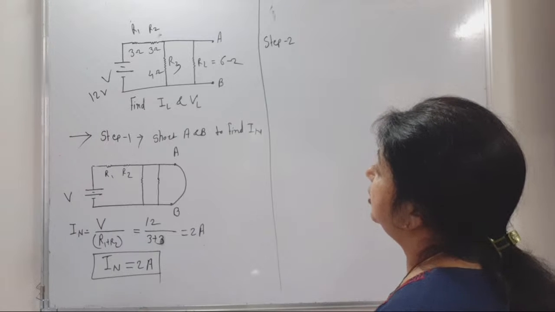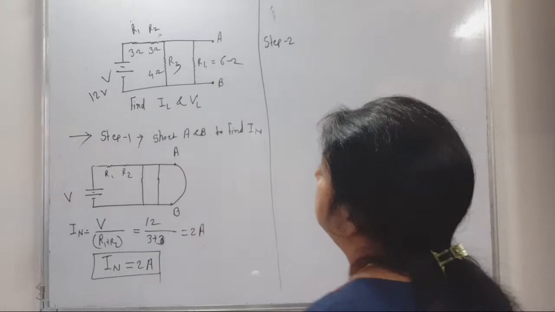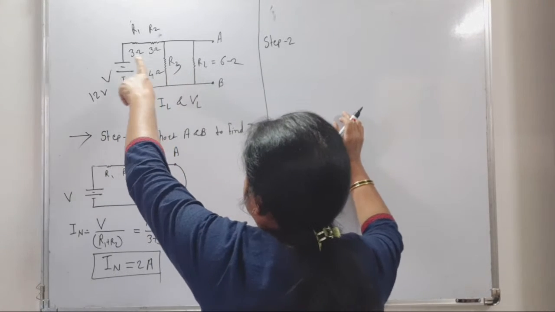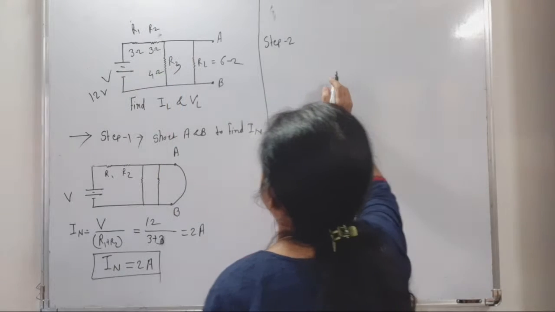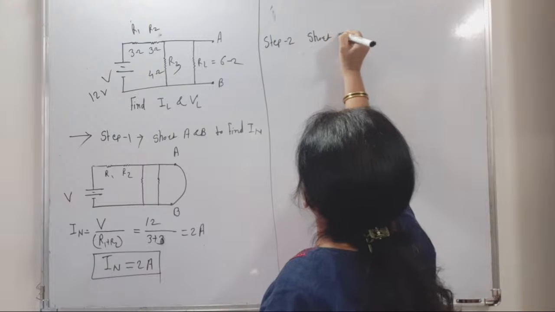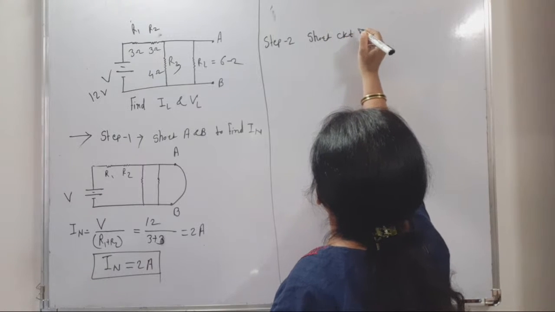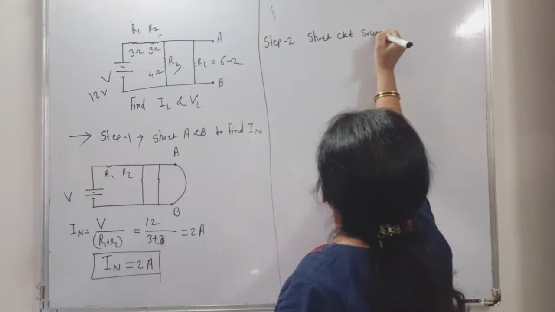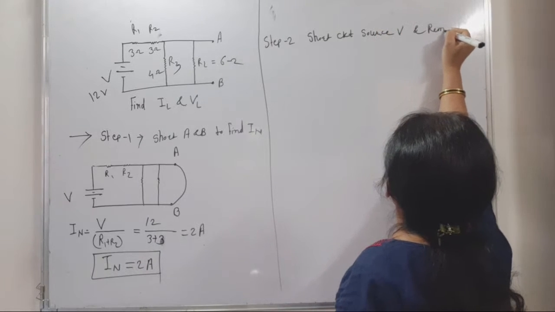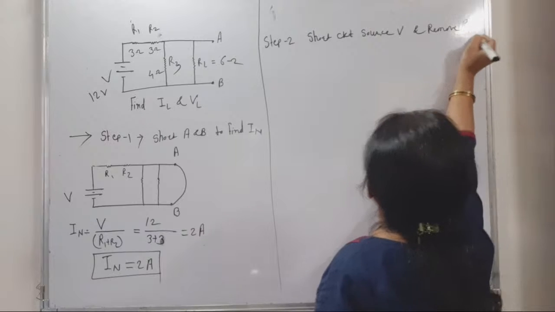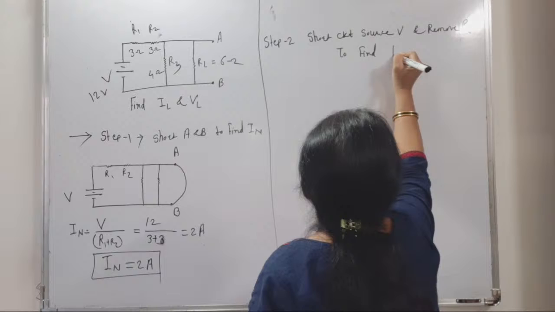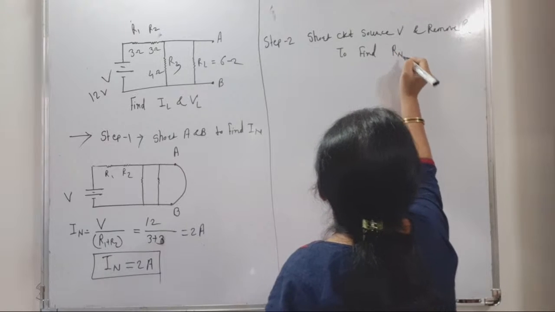In the second step, we have to short circuit the source V and remove load resistance RL to find the equivalent resistance RN.